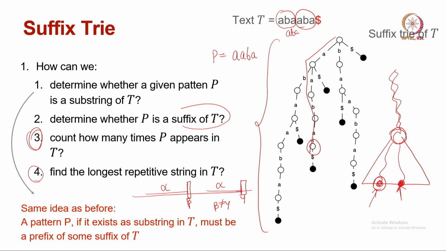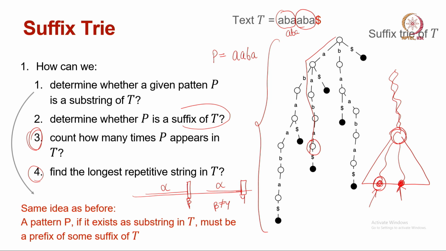Now, what that means is that if I look at the path from the root node that spells the alpha string, then once the string alpha is spelled, it must diverge into at least 2 children.